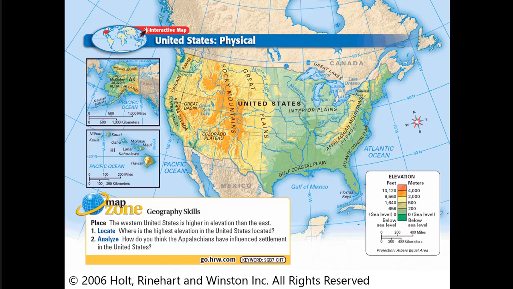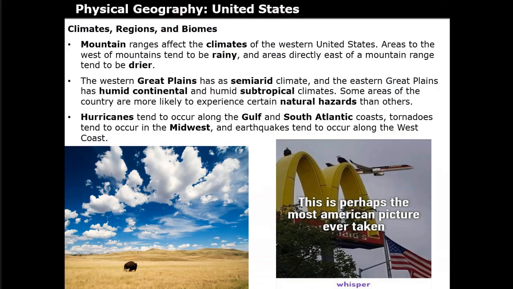You'll have that area that's really hot. And we'll get into a little bit of the climate breakdown in the United States in just a moment. But the mountains play a key role in the climate and what the temperature is like and what the weather's like in that area. So again, mountain ranges affect that climate.